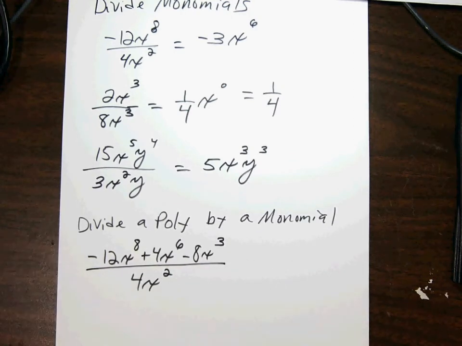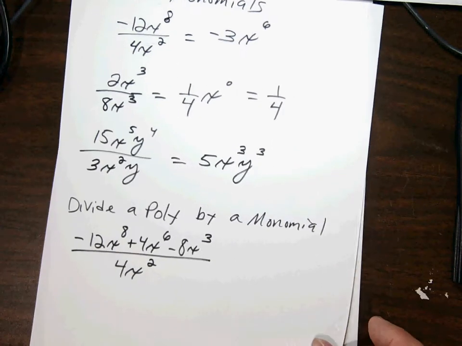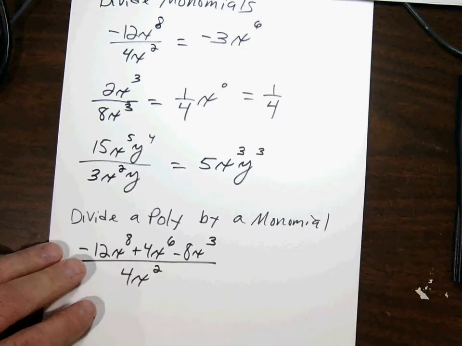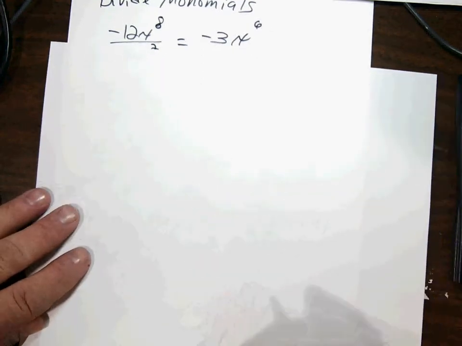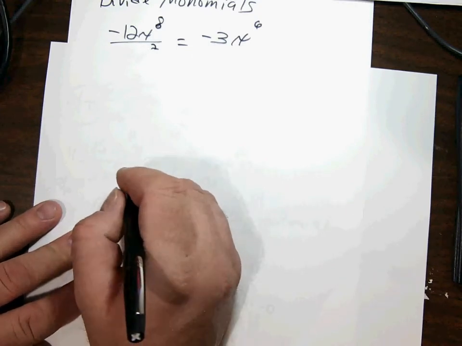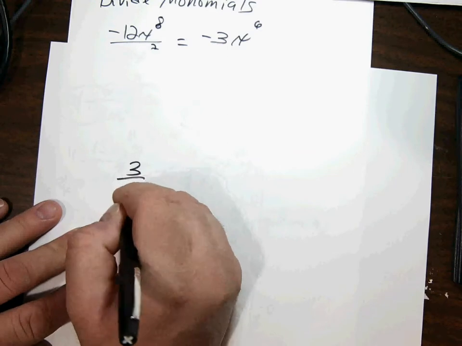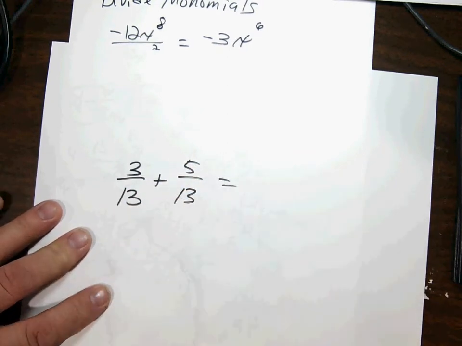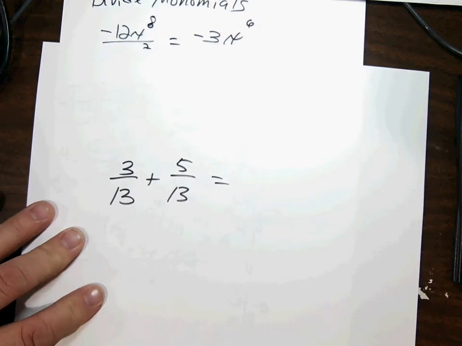Now, maybe we need to take a quick sidebar here and talk about fractions. Why not? Fractions rule. Let me just grab a piece of scrap here. When I asked you how to add 3/13 plus 5/13, what'd you call that? You called it 8/13, right?